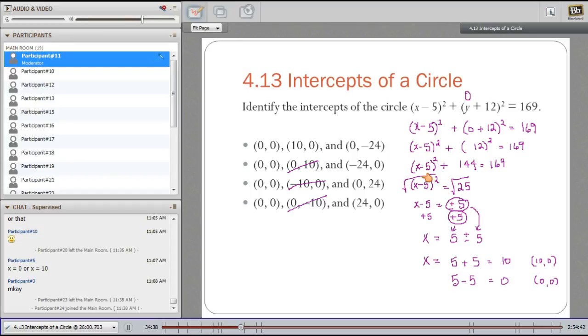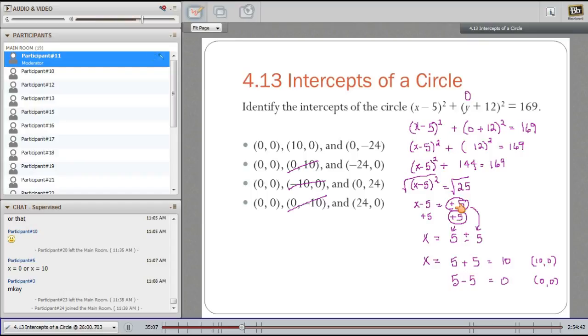Here, the reason that there's a plus or minus sitting out in front, if we square root, there are two things that could equal 25. This represents positive 5 times positive 5 can equal 25. But the other choice is that negative 5 times negative 5 could also equal 25, right? Because a negative times a negative is a positive. So that's why you want to put the plus or minus here.